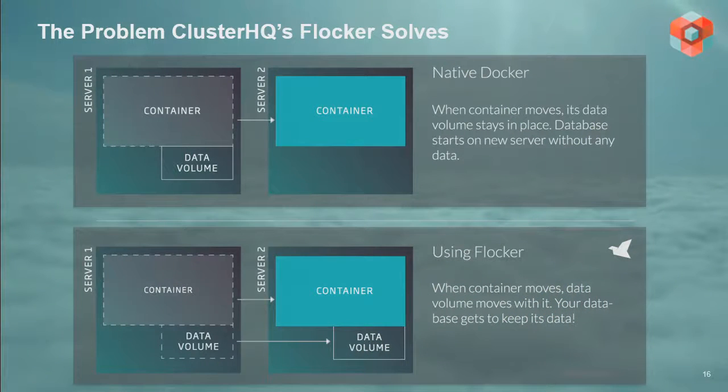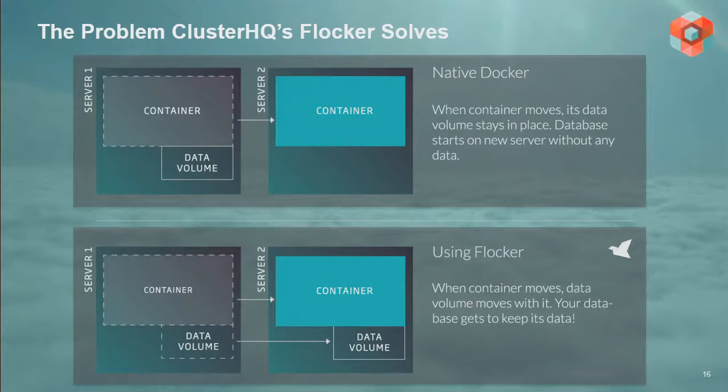So I'm just going to quickly talk a little bit about the problem that Flocker solves. In the diagram at the top here, we have what happens when you just use native Docker today. With Docker volume, Docker best practices suggest that if you have a stateful application, like a database, then you're supposed to allocate a volume and attach that volume to the container. The problem is that with just regular Docker, a Docker volume is just a directory on the host.